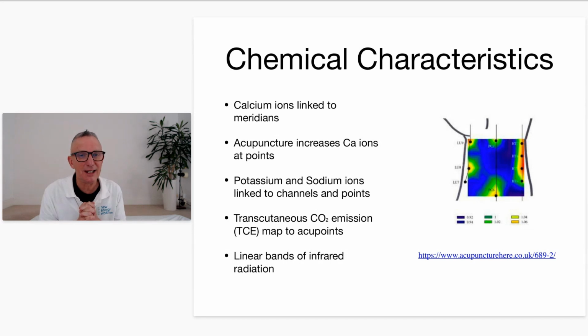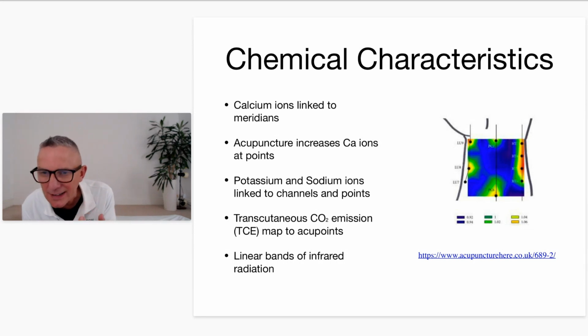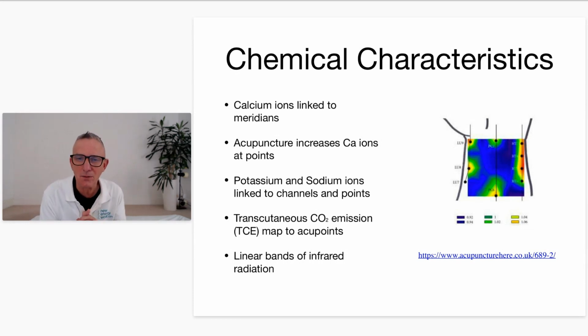But what about this? Transcutaneous carbon dioxide emissions, which is kind of your skin breathing, has been mapped to the acupuncture points. You can see some of that mapping here. Look, you've got the wrist there. Can you see that? You've got lung 9, lung 8, heart 7. That's 6, isn't it? 4, 5 and 6, all the way along there. All are linear bands of infrared radiation linked to the channel locations.